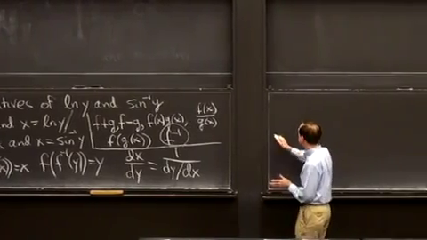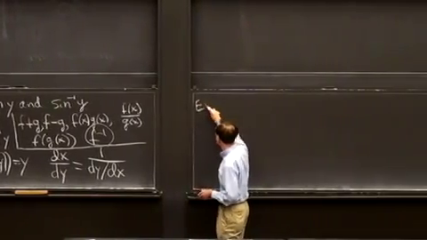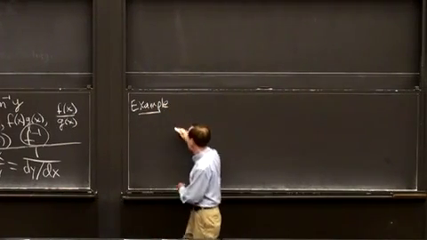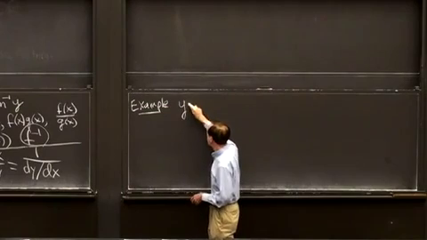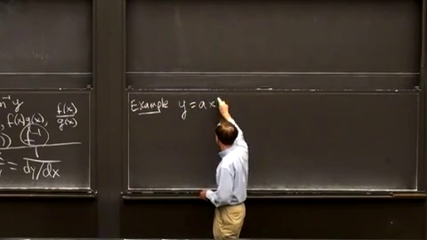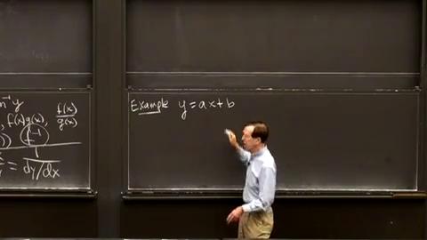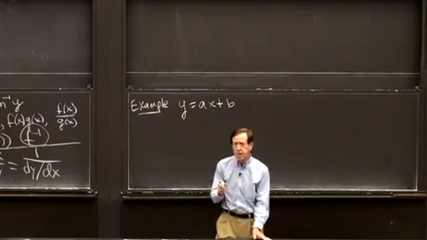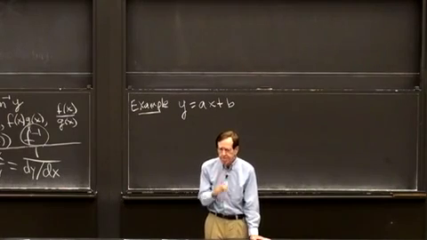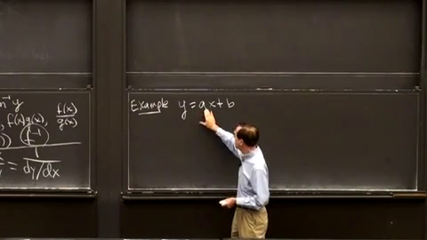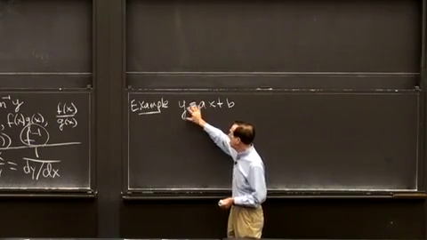As practice, just to remember how inverse functions work, I'll use linear functions. y equals ax plus b. That's f of x there, linear. What's the inverse of that? The point about inverses is, I want to solve for x in terms of y.